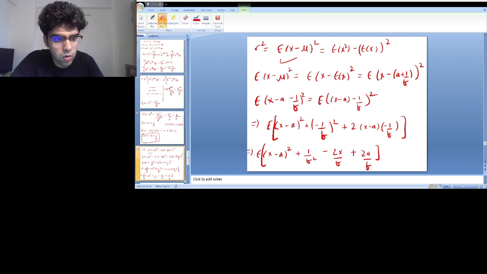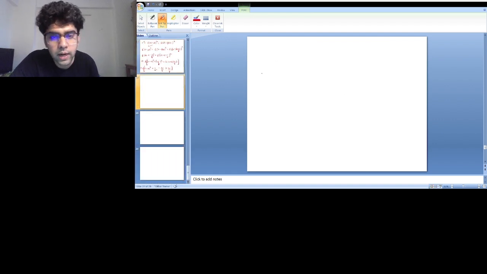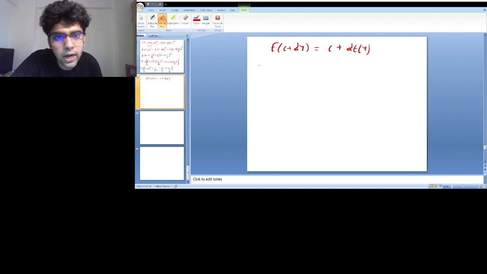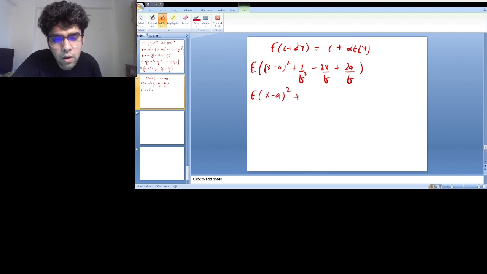So I'm now opening the bracket. Using the property E(c plus dY) gives c plus dE(Y), I'm opening this: (X minus a) whole square plus 1 upon b square minus 2X upon b plus 2a upon b. So opening this gives me E((X minus a) whole square) plus 1 upon b square, because it's a constant term.